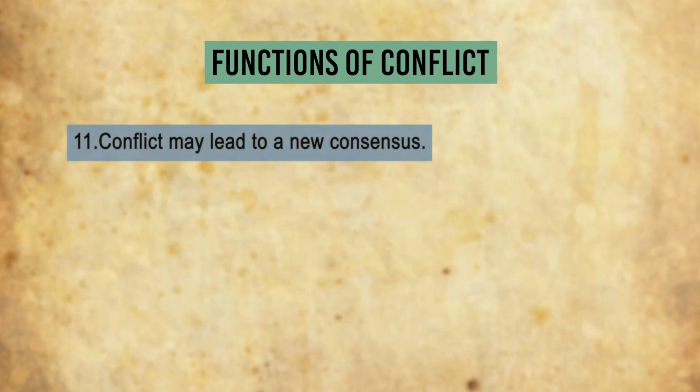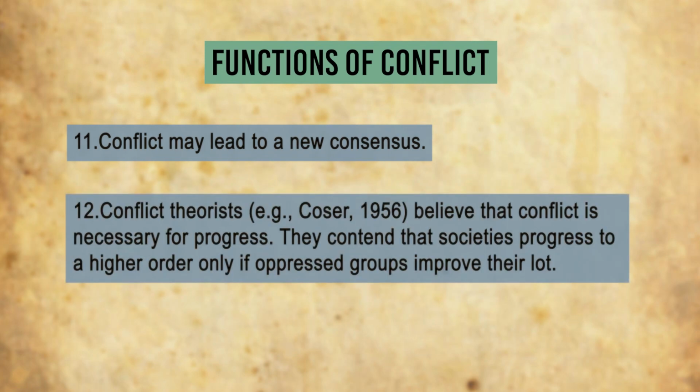Conflict may lead to a new consensus. Conflict theorists like Koser believe that conflict is necessary for progress. They contend that societies progress to a higher order only if oppressed groups improve their lot.